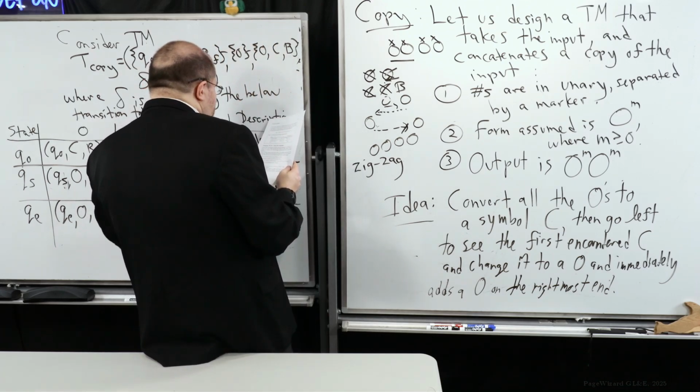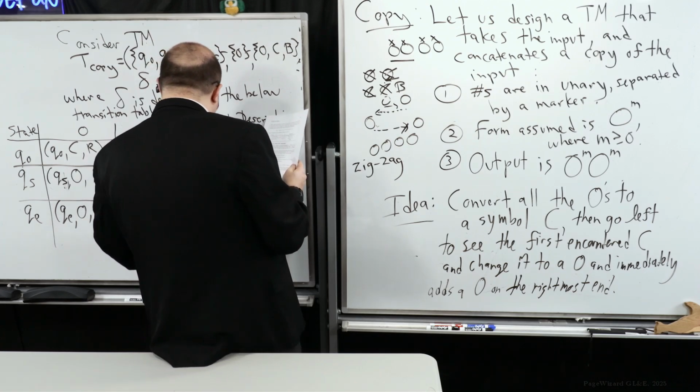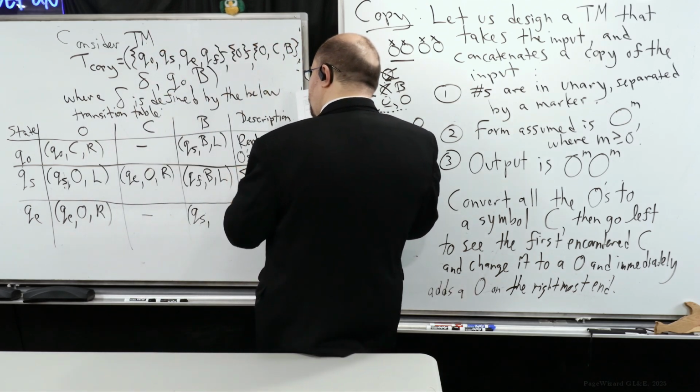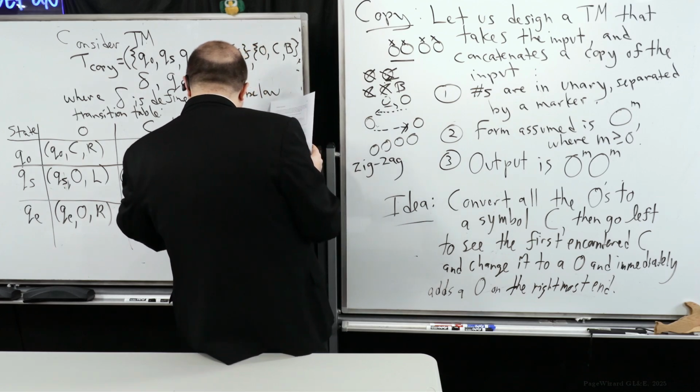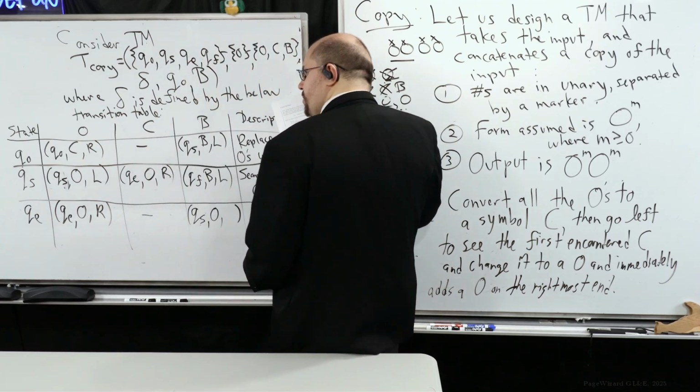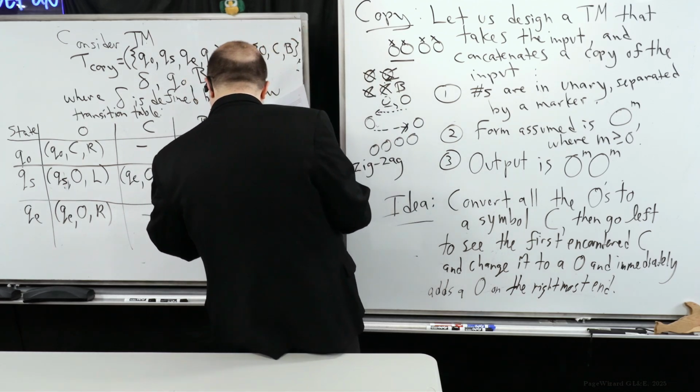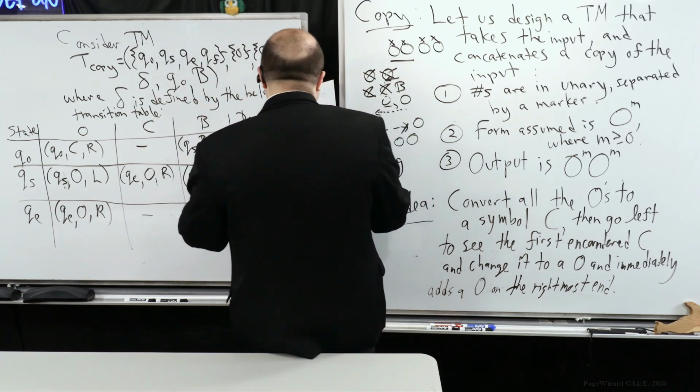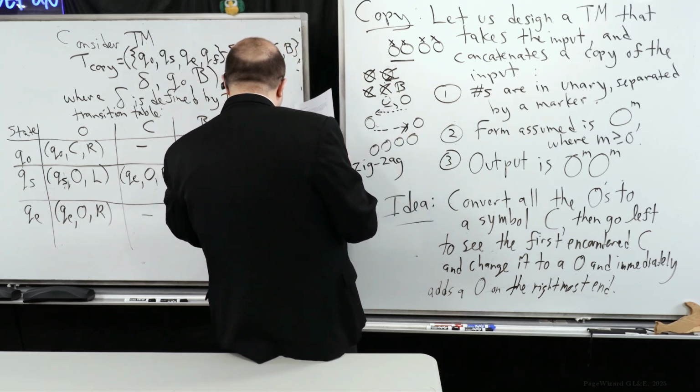When we see a blank, we better replace that with a 0. So we're going back to the search phase to find us another C, because now I'm appending that 0 on the end where a blank is. And I go left. So this will copy 0 to the end.